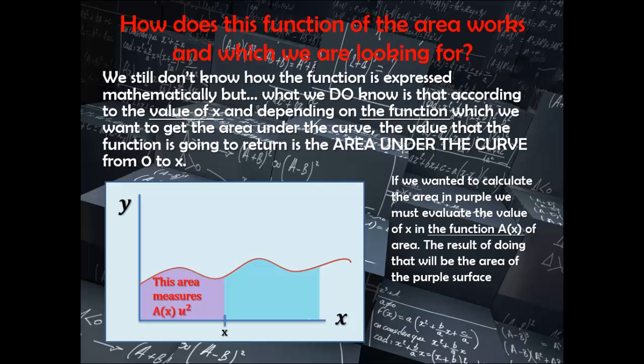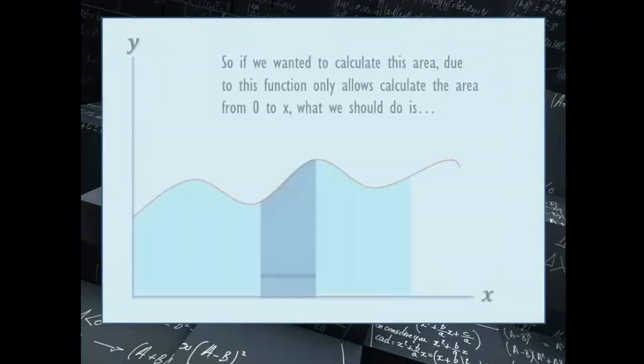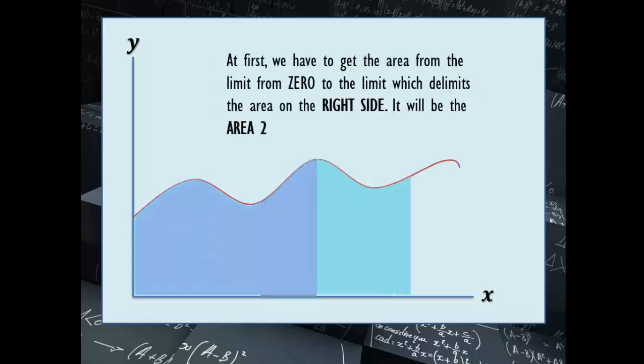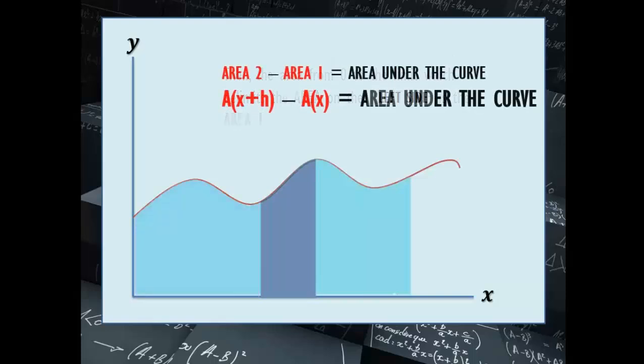If we wanted to calculate an area under the curve that doesn't start from 0, at first we have to obtain the area from 0 to the limit of the right side of the area under the curve we want to calculate. We will call this area 2. On the other hand, the area from 0 to the limit of the left side of our surface under the curve will be area 1. If we subtract area 1 from area 2, we'll get the area of our interest.